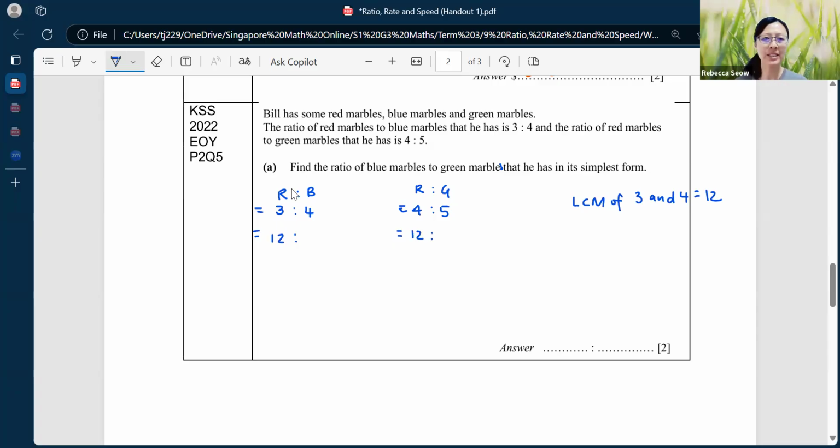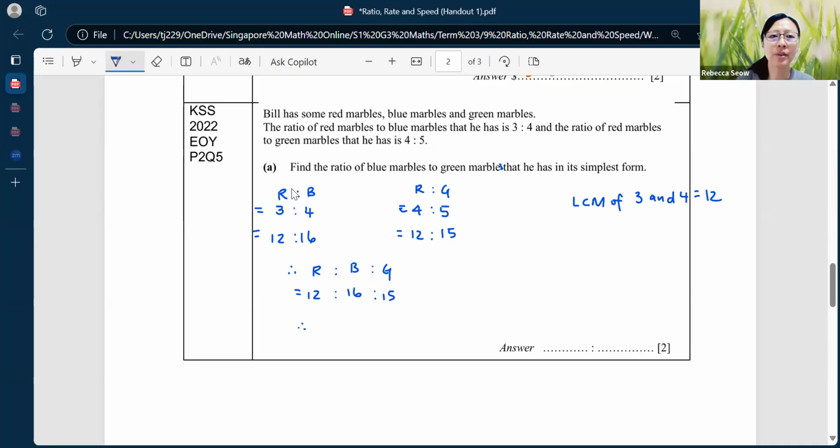where red quantity becomes 12? An equivalent ratio. So for the first ratio, from 3 to be 12, we need to multiply it by 4. And for the second ratio, we multiply it by 3. And therefore, red to blue to green is 12 to 16 to 15.